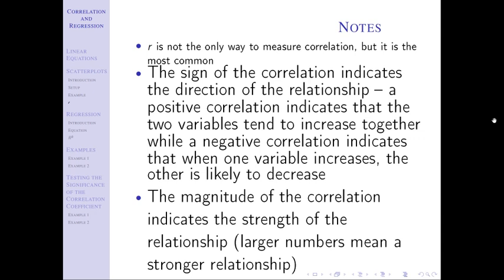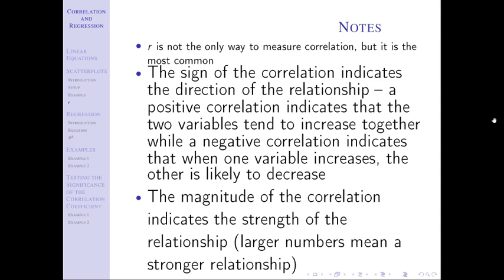So I want to view a correlation of -0.6 and +0.6 as the exact same, with the exception that one of those is going to be points going up and one going to be points going down. So the negative, maybe don't think of it like a number line.